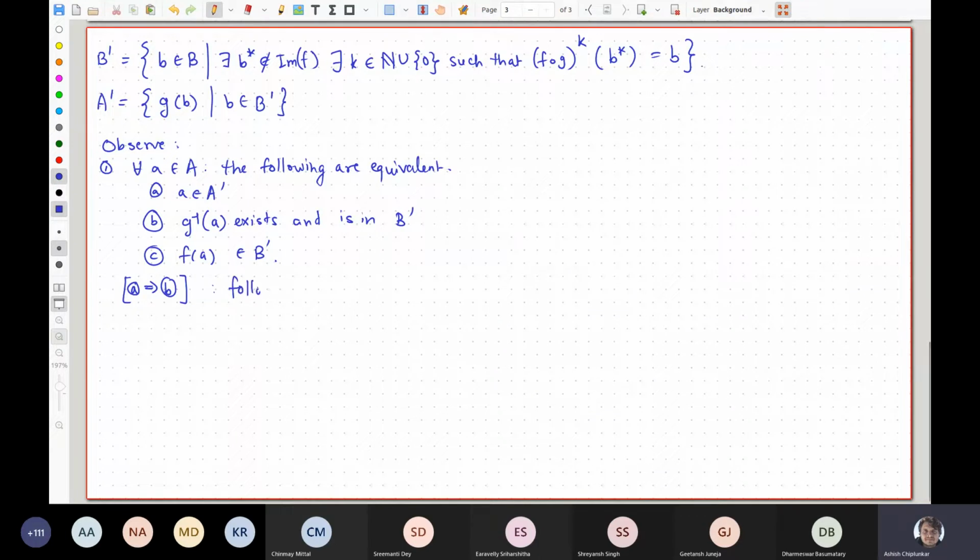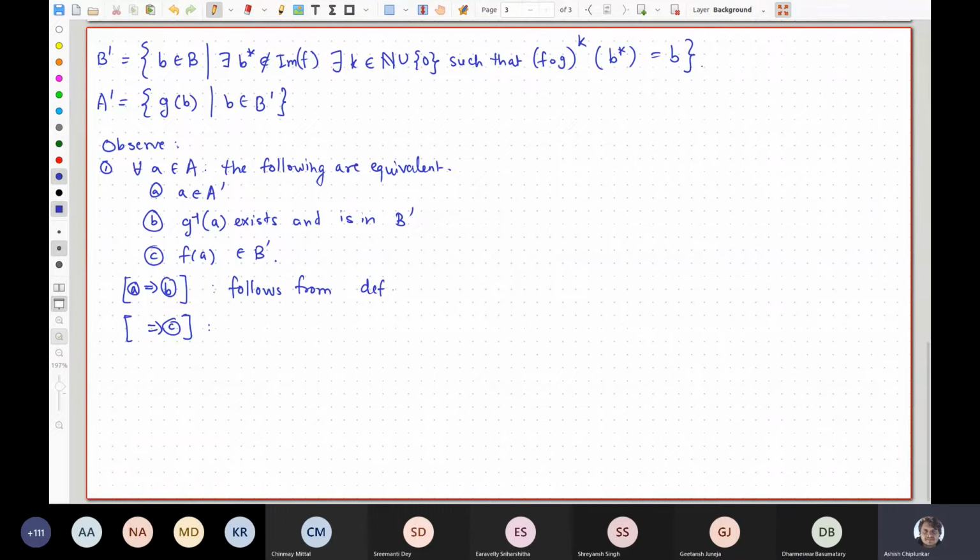Next, let's try to prove A implies C. A is in A prime, so therefore G inverse of A. Actually, sorry, what we are really proving is B implies C, which is kind of fine.